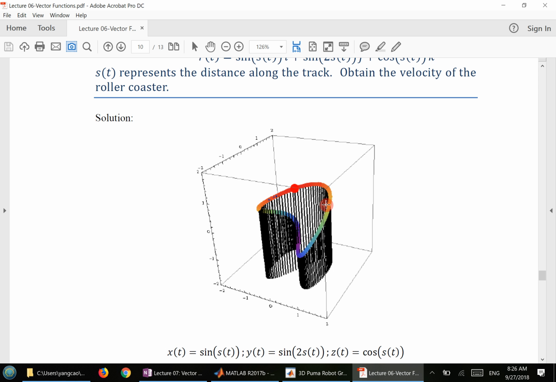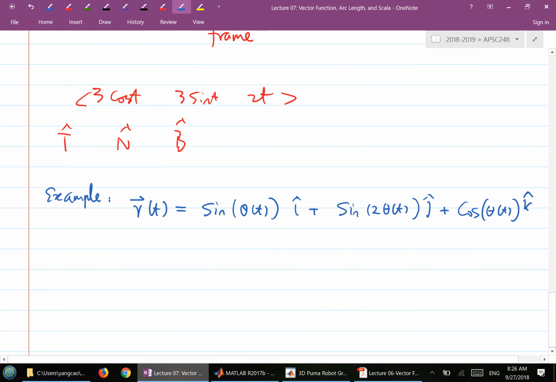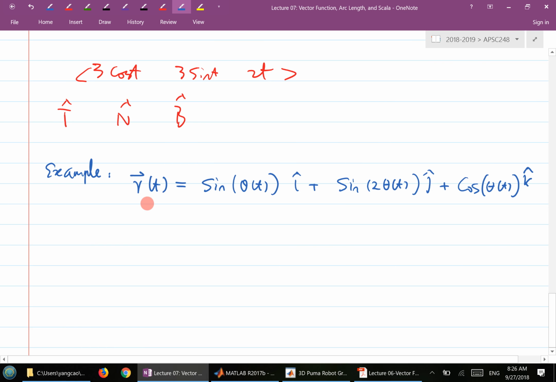If you go to an amusement park, you'll see the roller coaster sometimes, all the time, follows this type of parametric equation involving sine and cosine. One of the assignments gives you another example of a roller coaster curve. So this is the parametric equation or trajectory for the roller coaster, and what we want is to know the velocity.